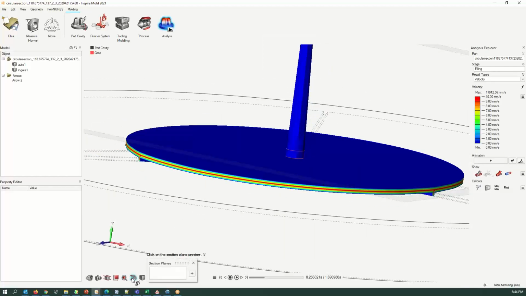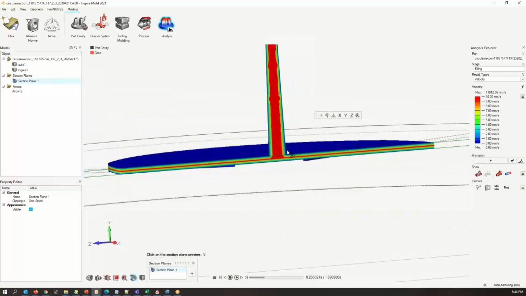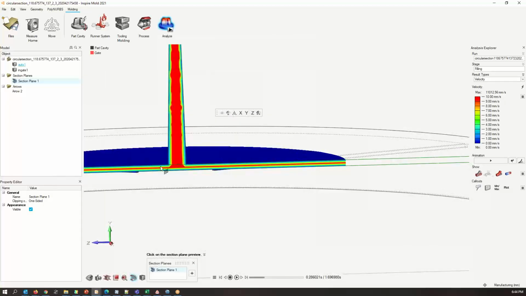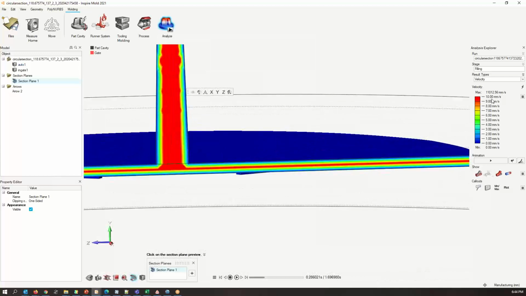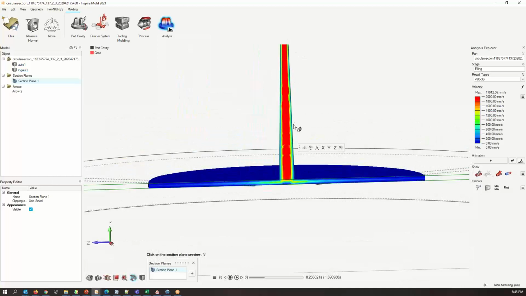I don't have a clipping plane on this one, but I want to make it X. Okay, so here I can see velocities. I can see what's going on here now. There. So it's really, really fast coming in here, and then it starts slowing down as it goes out.